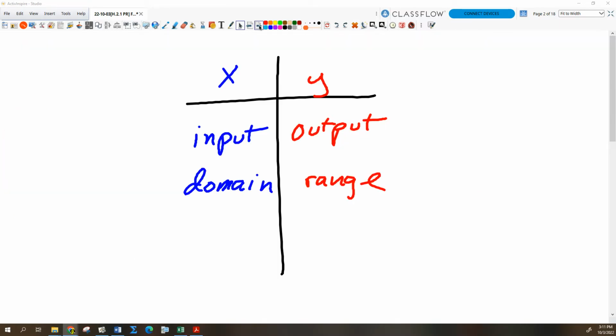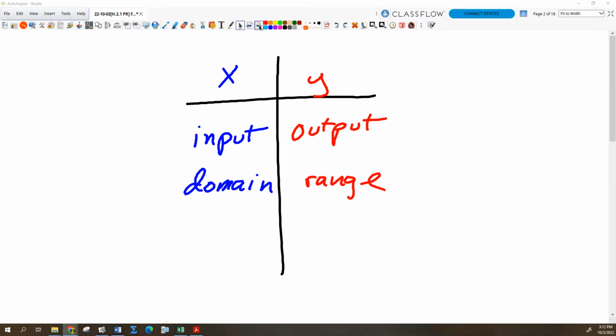Notice here that we've got different ways of representing some concepts. X and Y are typically the variables we use for input and output. The words input and output go together. They're associated with each other. Inputs are the values we're plugging into the function. The outputs are the values that are being spit out.